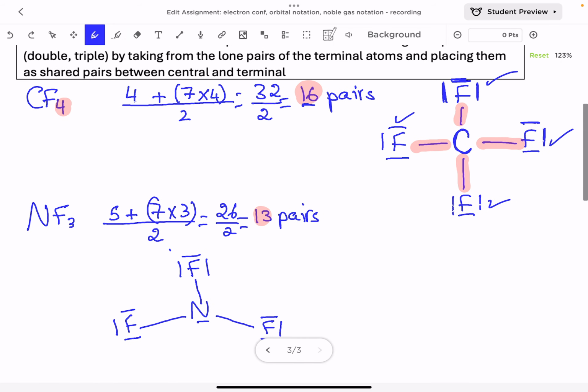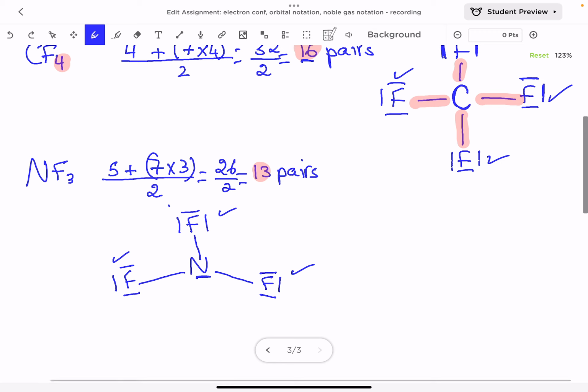So here, the 13th pair is going to be placed on N. And we double check, did all my terminals complete their octet rule? Yes. Did N complete the octet rule? Yes. N has 2, 4, 6, and 8 electrons, so N is stable.